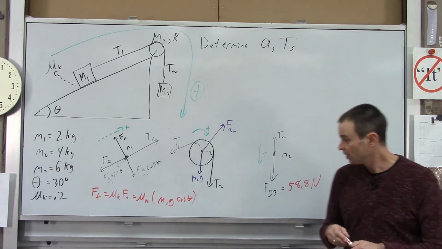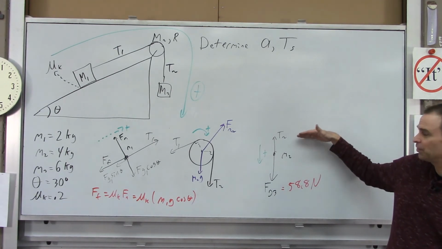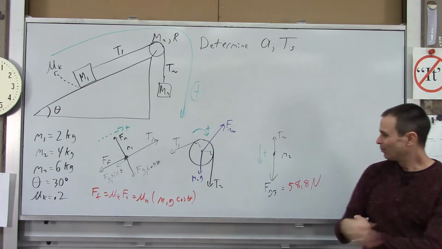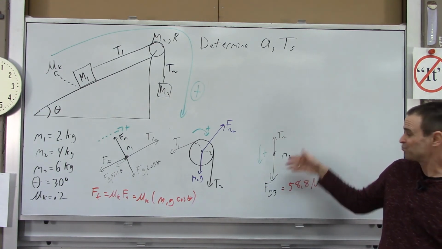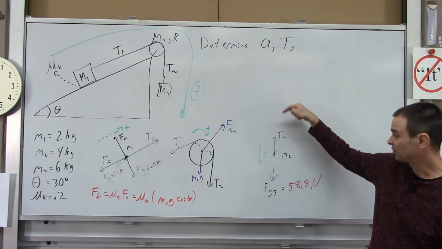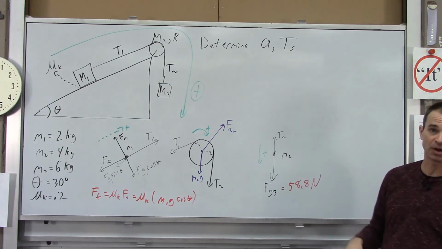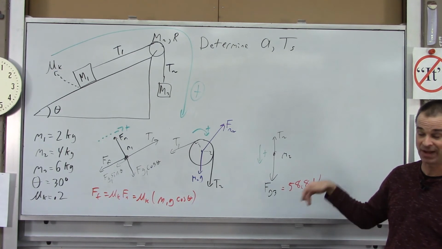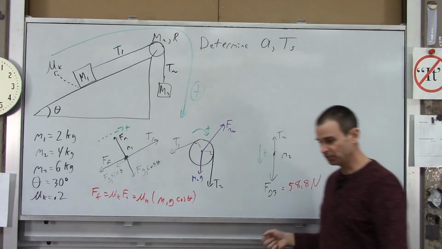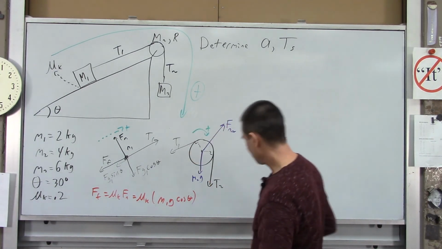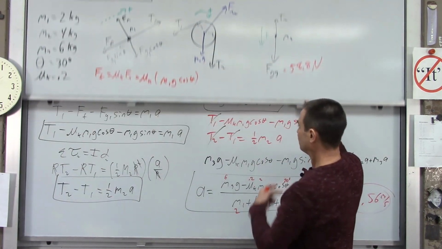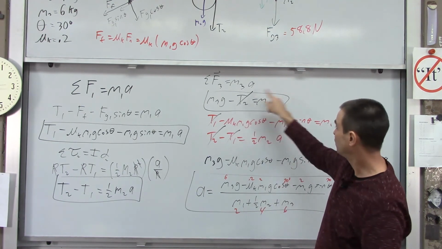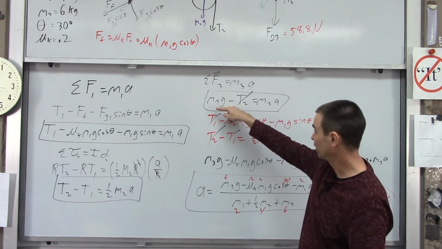Okay. Now, how should T2 compare to 58.8? All right. Well, which way is this guy accelerating? He's accelerating down. That means our downward force has got to be bigger than our upward force. So T2 better be less than 58.8 when I get an actual value for that. Well, here's the cool part. If you go back to, let's say, this equation here, move your T2 over here, move your M3A over there, make it negative.